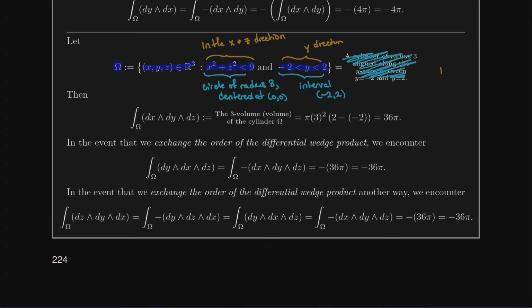Now if I think about plotting, what would that look like? Maybe in my x and z directions, I have the circle. And then in the y direction, I'm going to extend out 2 units in the y direction and 2 units in the negative y direction.